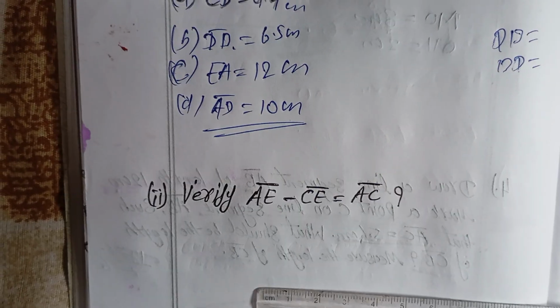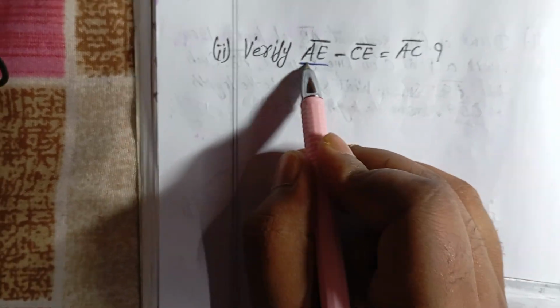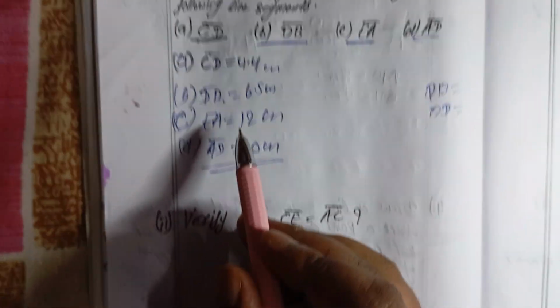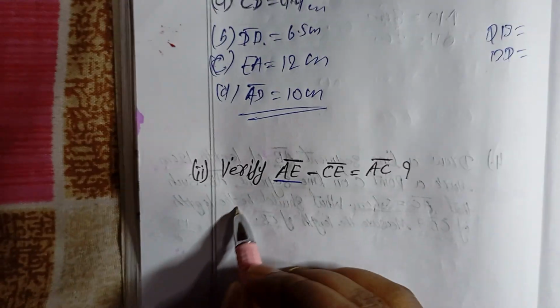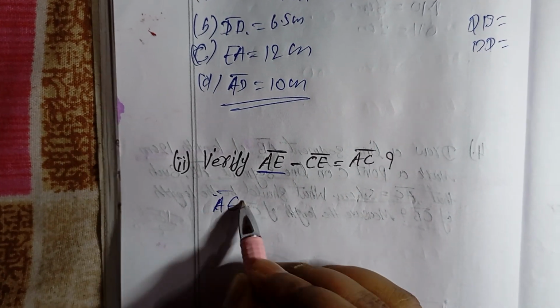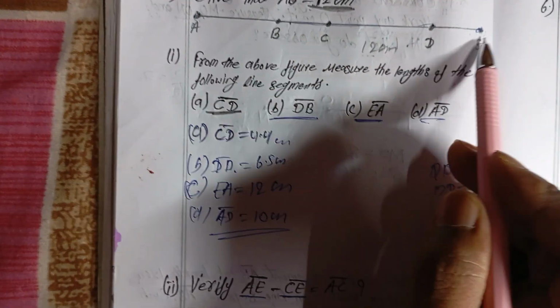Now let's take this one. In this question, it is telling to verify AE. So what is the distance of AE? Take it here above. The distance of AE is 12 centimeter. What is the distance of CE? CE is here.